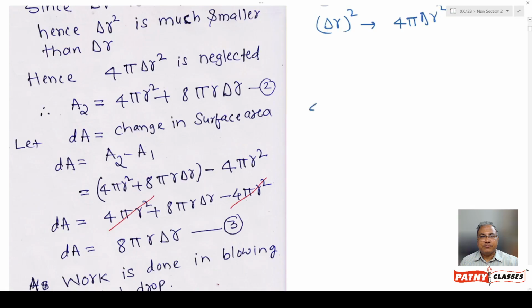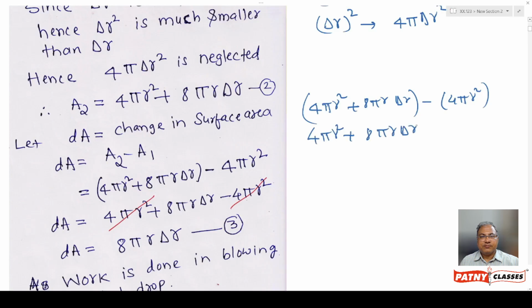A2 is 4 pi r square plus 8 pi r delta r, minus A1, that is 4 pi r square. Opening the bracket, 4 pi r square plus 8 pi r delta r minus 4 pi r square. This and this cancel. So we get dA, the change in the surface area, equals 8 pi r into delta r. Call it equation number 3.